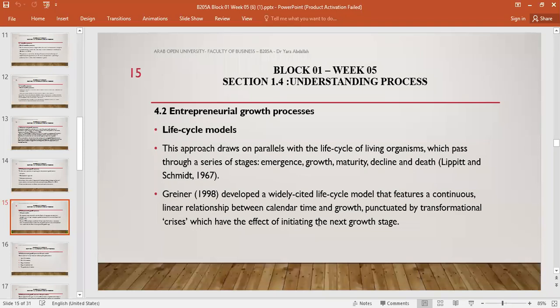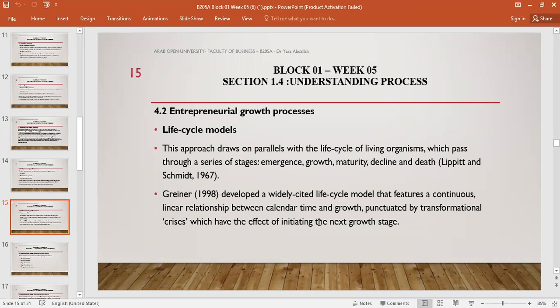From the name of the model, we can see the terminology of a life cycle. We have a life cycle for the living organism, the human being, and we have a life cycle for the business or the venture. What is the difference?